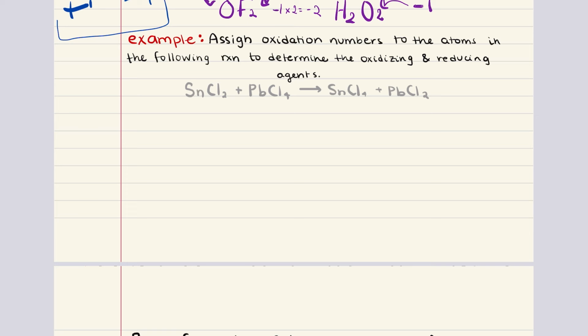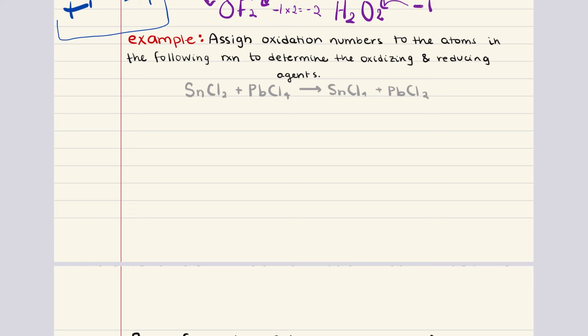Wonderful. Let's go ahead and look at lead(IV) chloride. Here, again, chlorine atoms are the most electronegative. We're going to assign it a -1 oxidation number. There's 4 chlorine atoms for a total of -4. That means that lead here is going to have an oxidation number of +4 to ensure that for this neutral compound, the sum of the oxidation numbers adds up to 0.